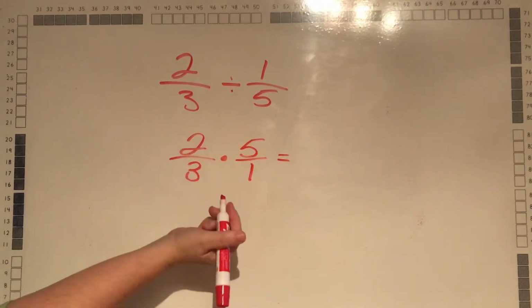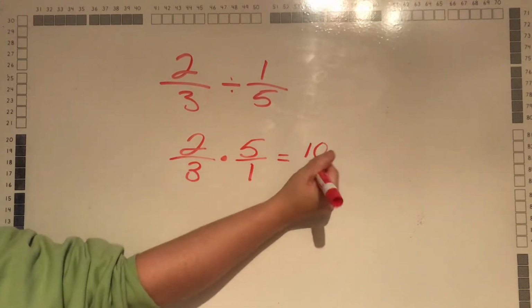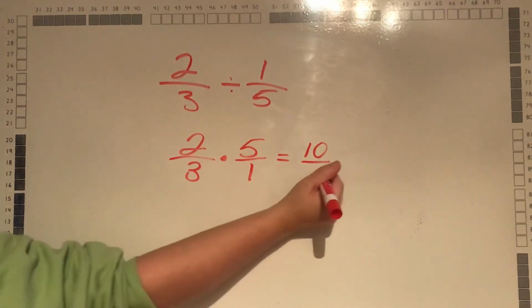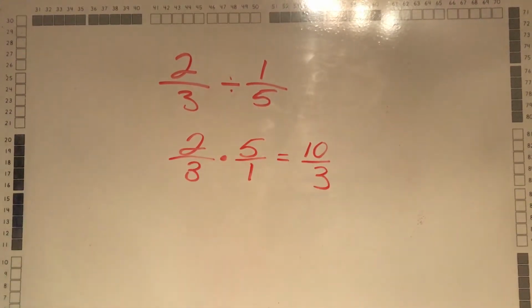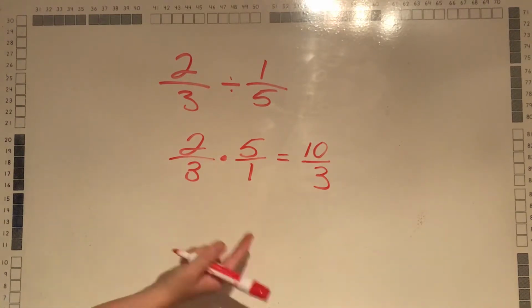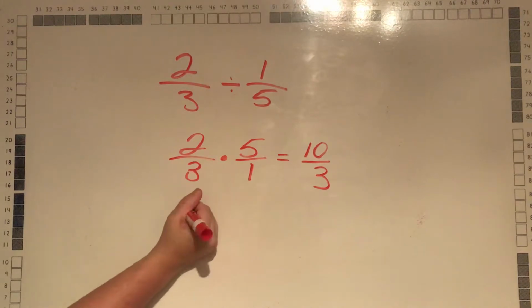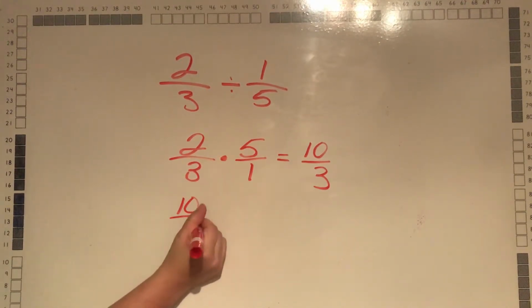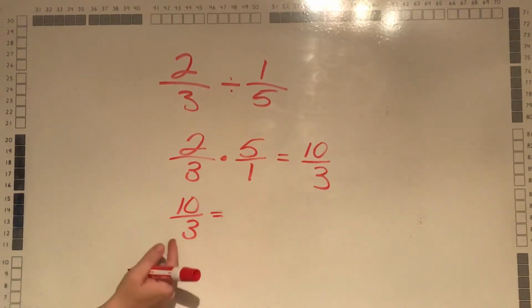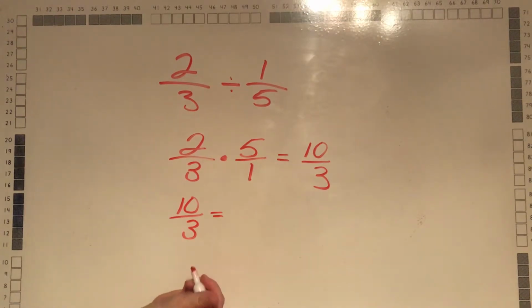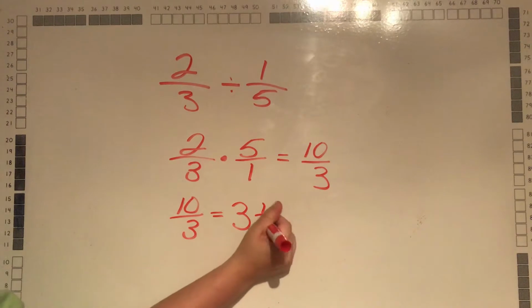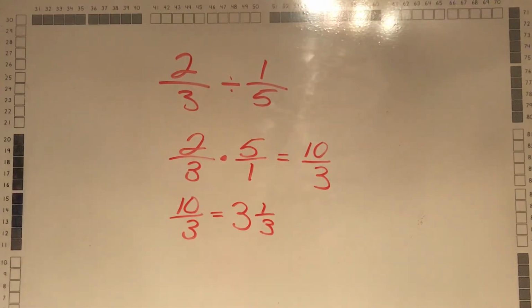Now, 5 times 2 is 10. 3 times 1 is 3. Now, how do we put that into simplest form? Well, we can't make that any smaller, but what we can do is write it as a mixed number. So 10 over 3 equals, 3 goes into 10 3 times, and there's 1 left over, to get 3 1/3.